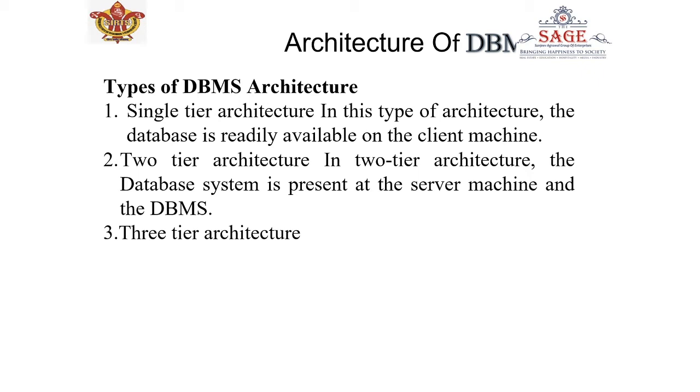So this type of system is generally referred to as a local database system, right? So in the slide, in single tier architecture, the database is readily available on the client machine. We'll see it also in the diagram.